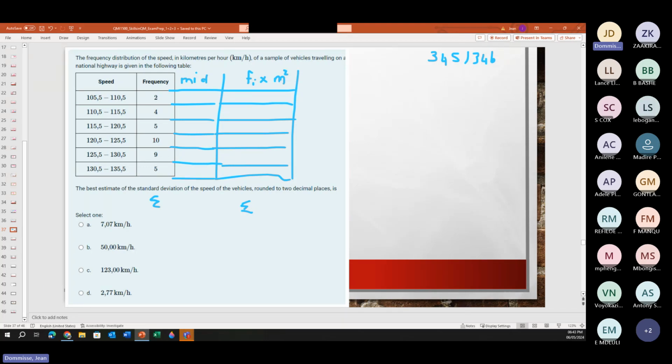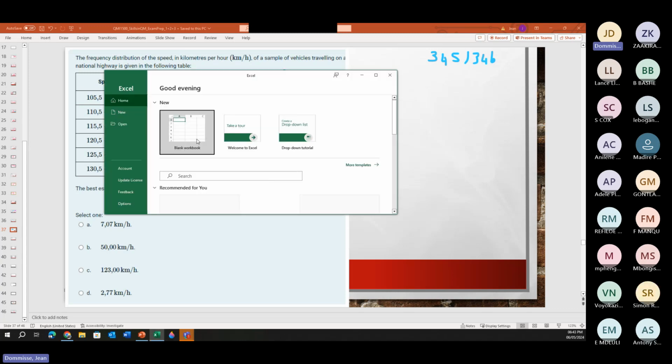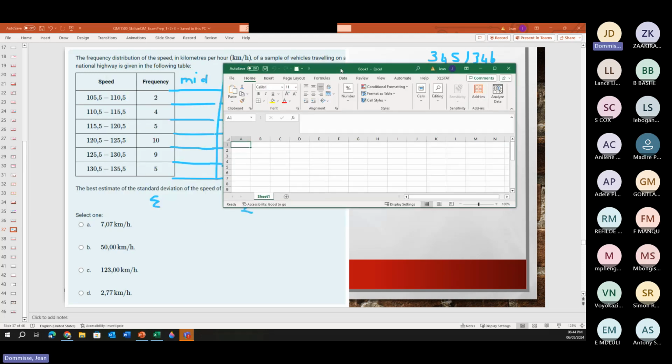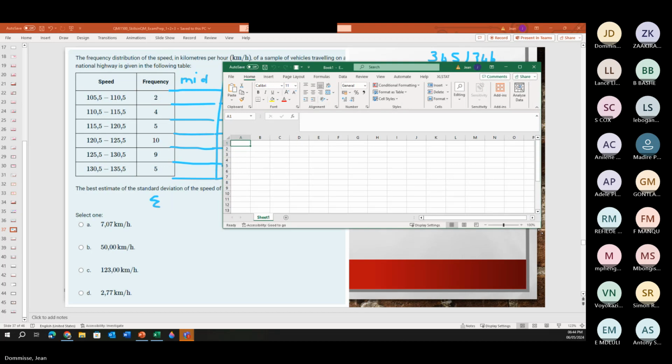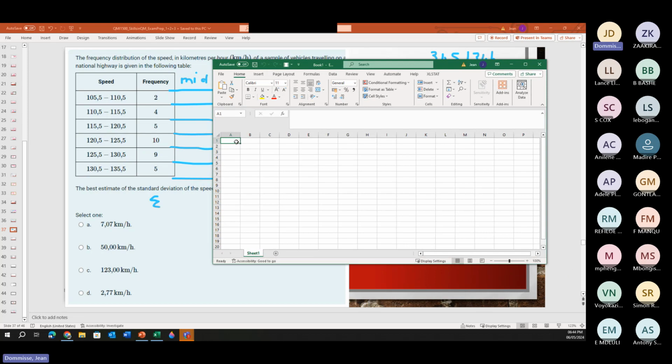So let's quickly build this into Excel just to make it a bit simpler for now. One can always redo it in a table. So that's the speed, that's the frequency: 105.5 to 110.5 to 115.5.